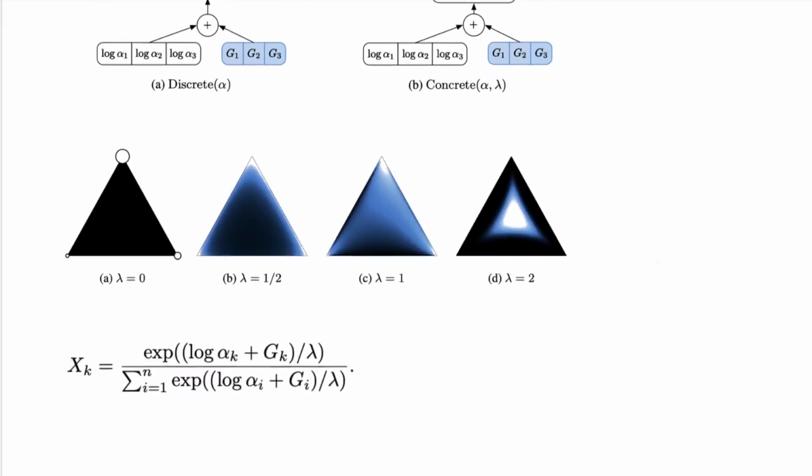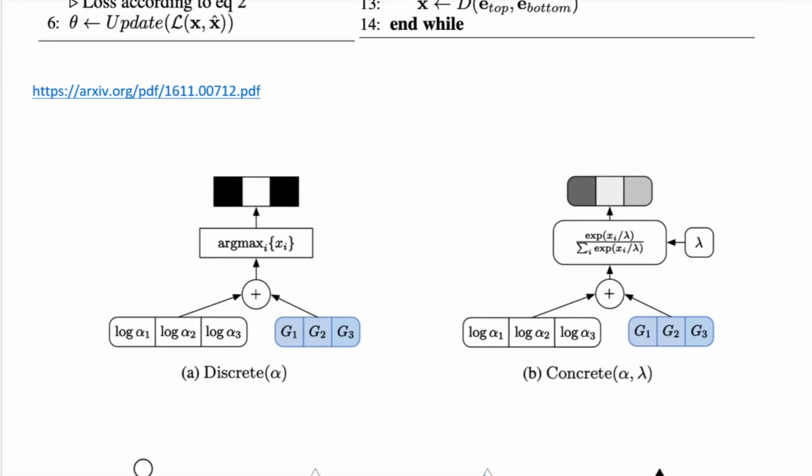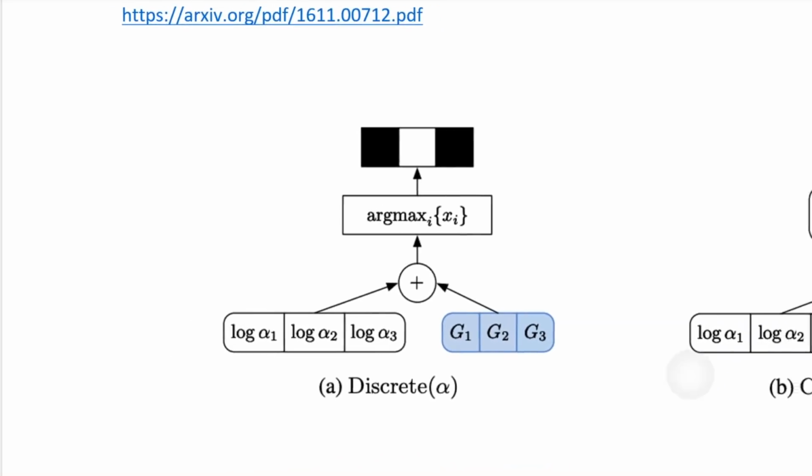I can tell you what a continuous relaxation might look like. So this is from a different paper that they linked, of the concrete random variables. If you have an operation such as a discrete random variable, you need to take an argmax of it.